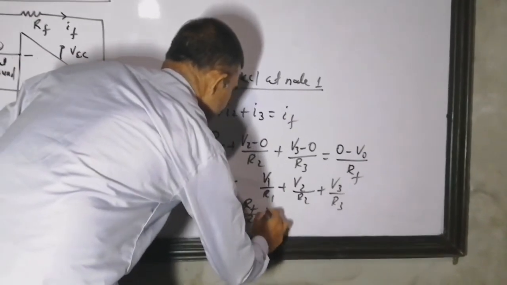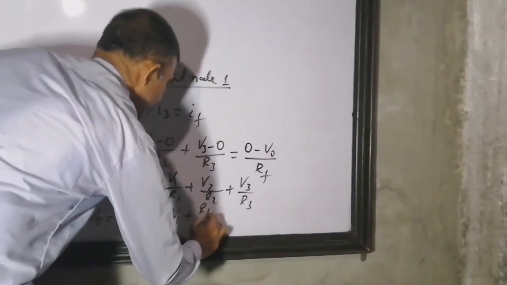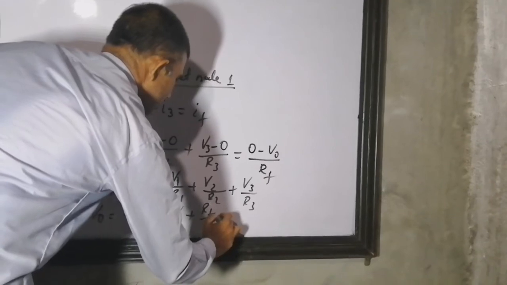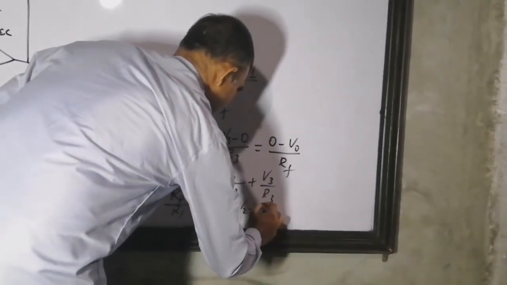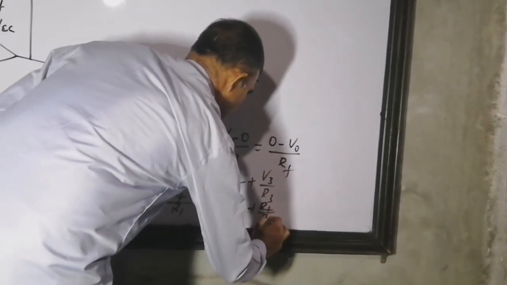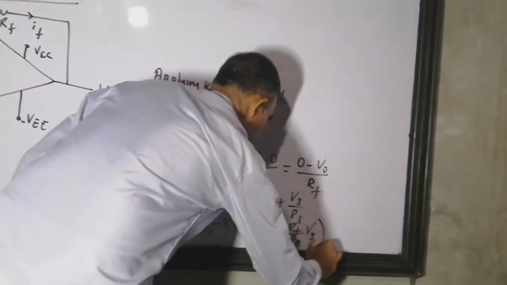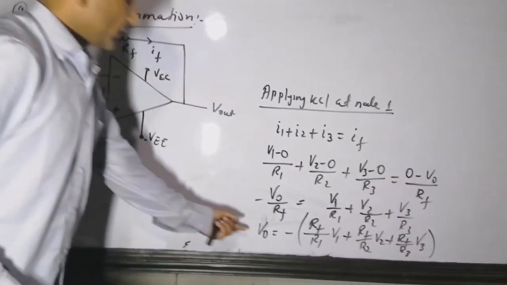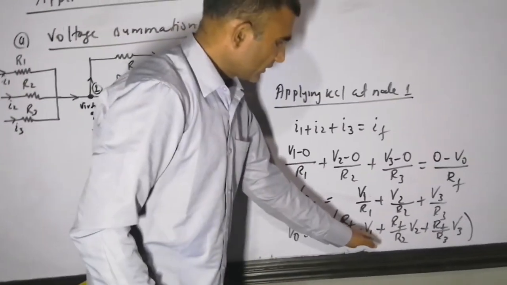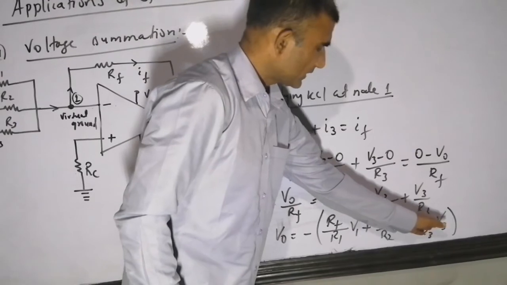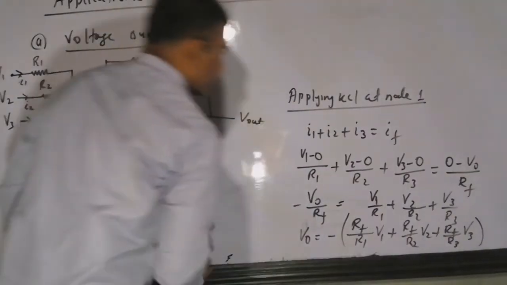We get RF upon R1 times V1, RF upon R2 times V2, and RF upon R3 times V3, with the minus taken common. So V out equals some multiple times V1, some multiple times V2, and some multiple times V3.